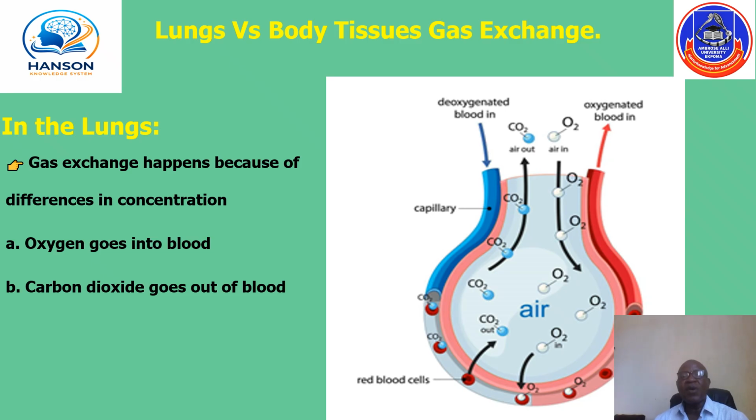The deoxygenated blood is shown by this blue arrow. It is high in carbon dioxide. This is shown also in blue.